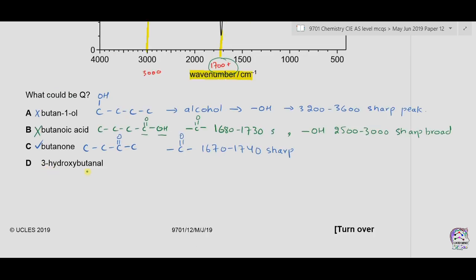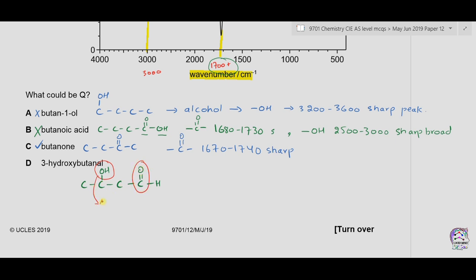Last one is 3-hydroxybutanal. So it is aldehyde, and on third carbon we have hydroxyl group attached. Again, there are two peaks corresponding to this one. One is from OH group and second is from carbonyl carbon.